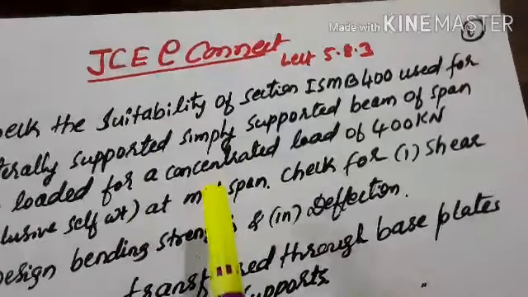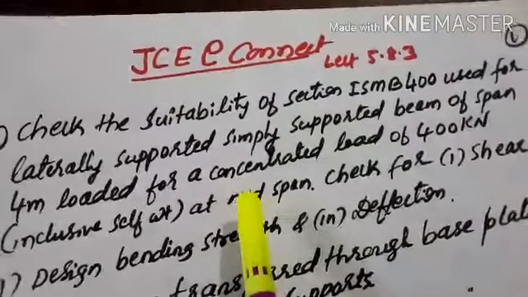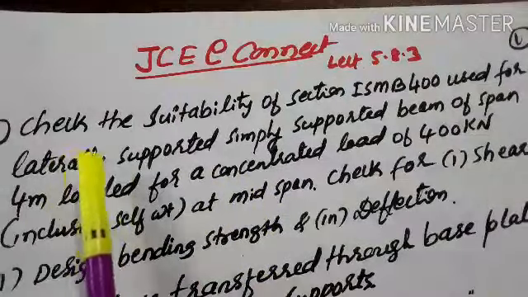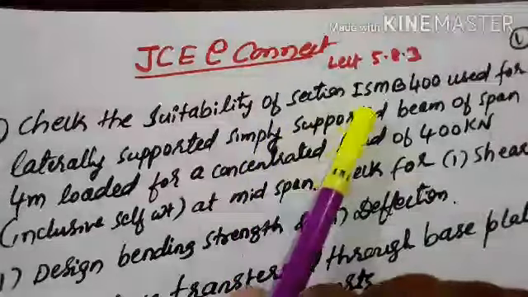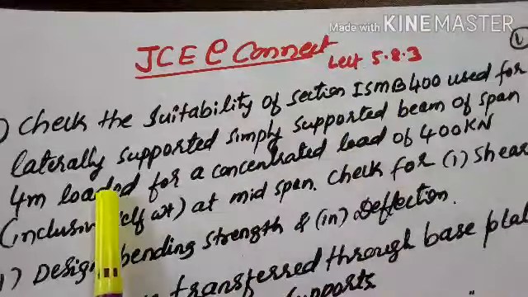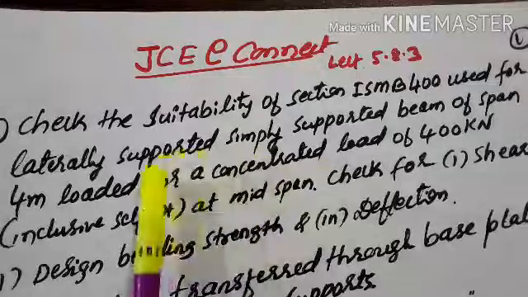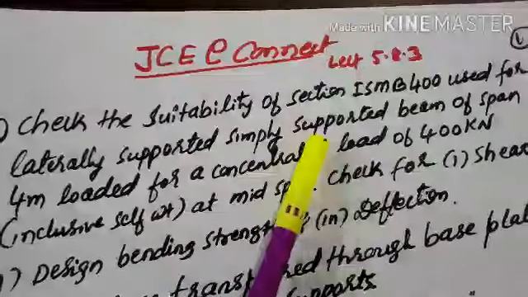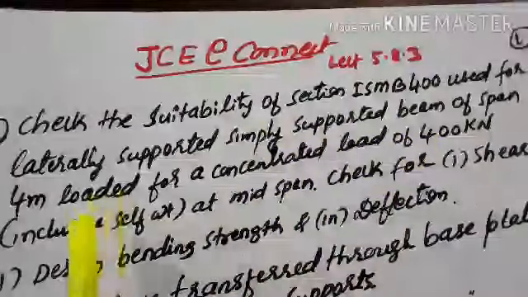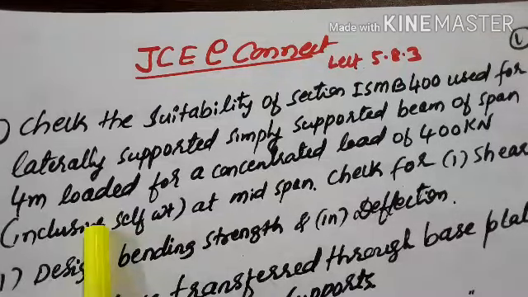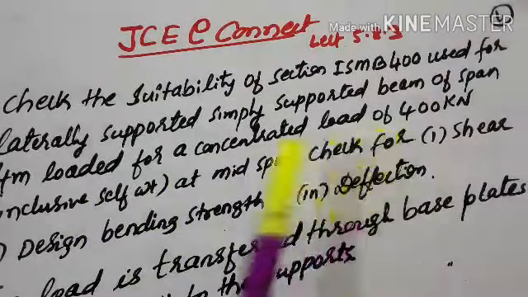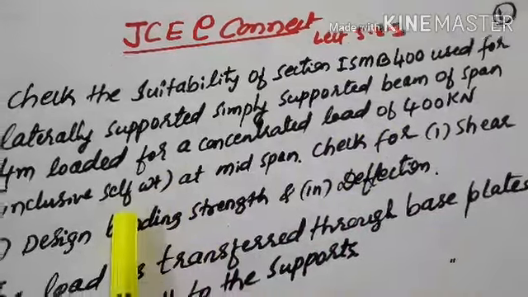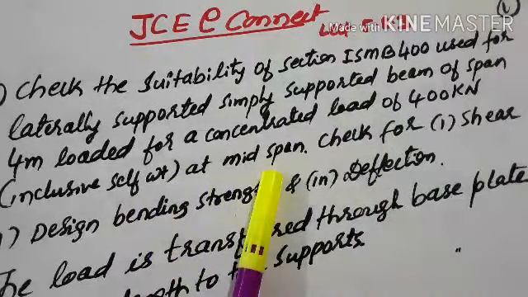So let us take one more design problem. Check the suitability of section ISMB 400 used for a laterally supported simply supported beam of span 4 meter, loaded with a concentrated load of 400 kilonewton inclusive of self weight at mid span.